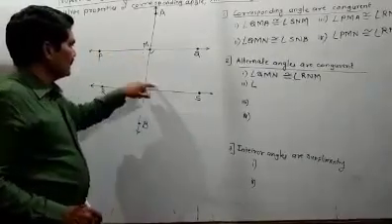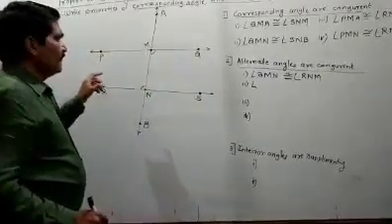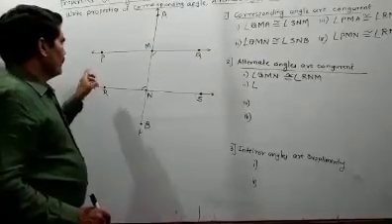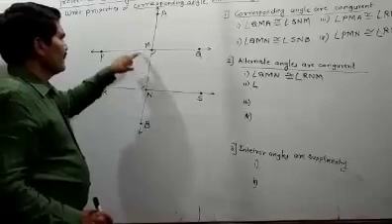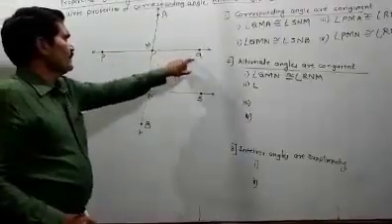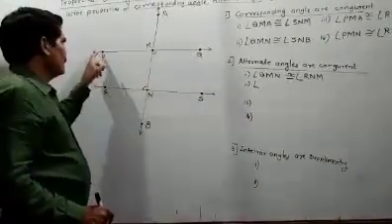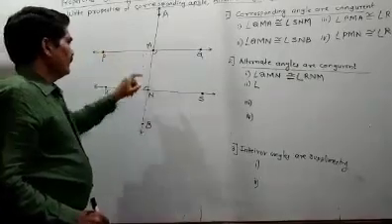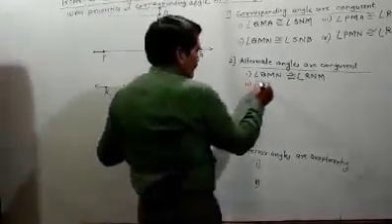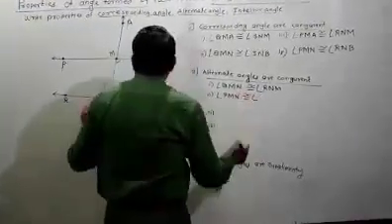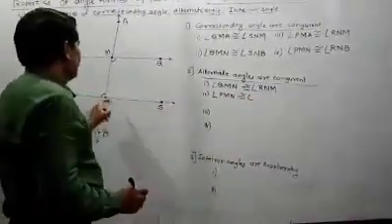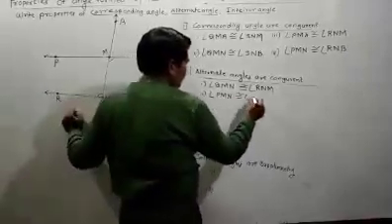These and these are alternate angles. Then you have to start with this angle. This angle and this angle are alternate angles. First one is QMN. Now you have to say angle PMN is congruent to angle SNM.